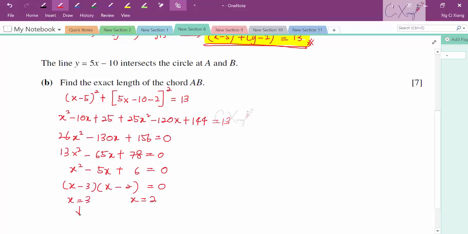All right, so when my x equals 3, I want to find out the value for y. So substitute it into the linear equation, and we'll get the y in an easier way. Therefore, I get y equals 5, and substitute x equals 2 into the linear equation as well. So I will have y equals 0, which means that one of these will be my coordinate of A and one of these will be my coordinate of B. So to find out the length of the distance AB, generally we have to apply the length formula, where we should have x1 minus x2 squared plus y1 minus y2 squared.